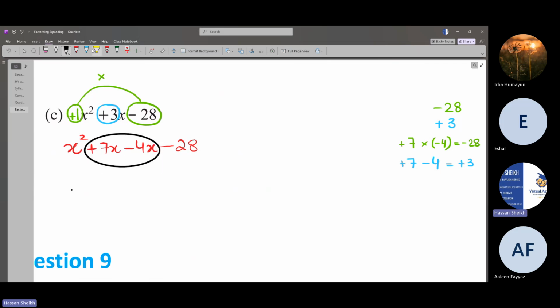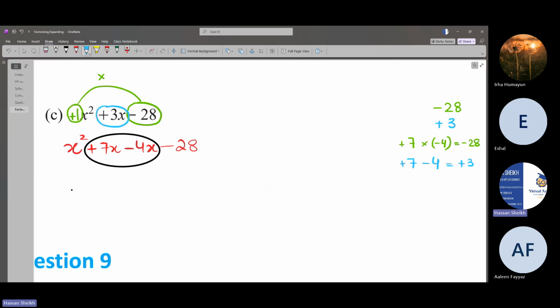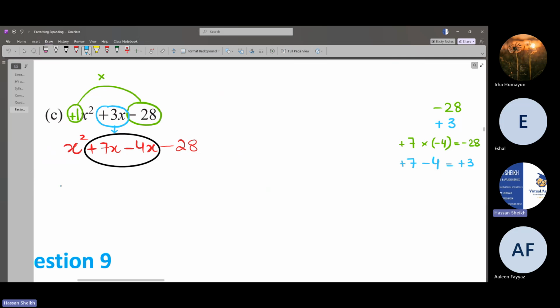Is it okay if I break down this plus 3x into plus 7x and minus 4x? Check. Is it correct that we can write this? Can I write plus 3x as plus 7x and minus 4x? I break it down. Do you agree? And that is why it is called the middle term break method.